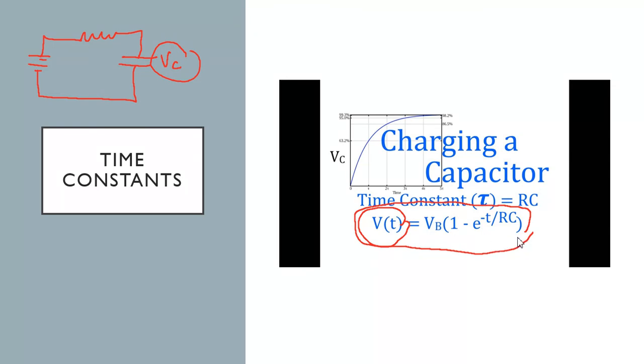Now, what is that? Well, this t right here is the time in question. We want to know what the voltage across that capacitor is after 3 seconds, something like that. So that's not the time constant. That's just what time do we want to know what the voltage is. This is tau, the time constant. So they just wrote it as R times C.